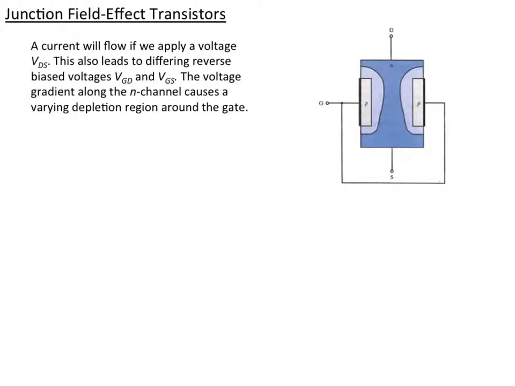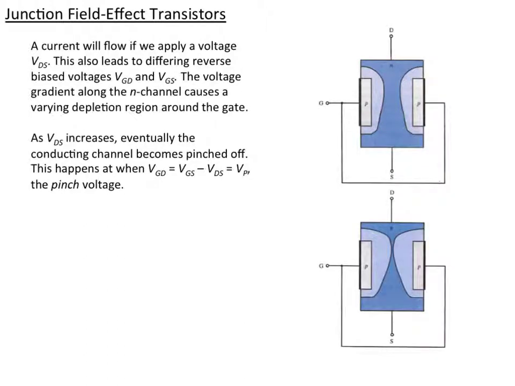So as we apply a voltage between the drain and the source to get current to flow, the gate-drain voltage will give you a larger reverse bias between these two than these two, which makes the depletion region larger near the drain than it is near the source, and so you have this narrowing channel as you go up through the picture.